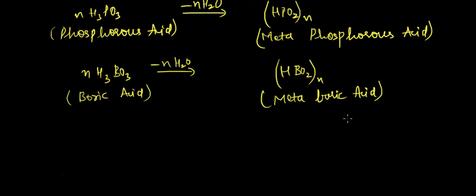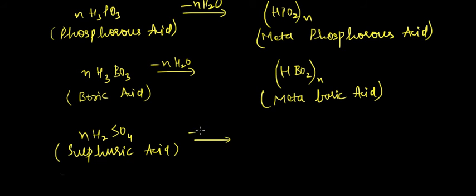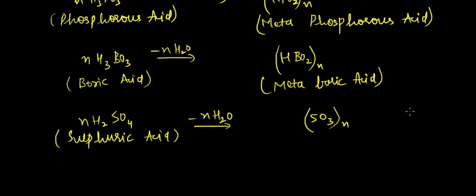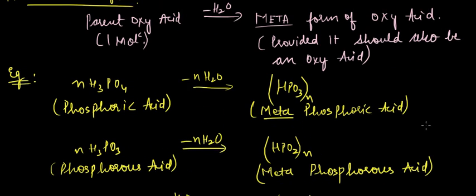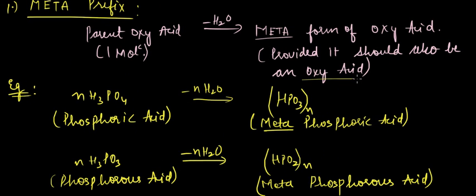Next, let us see what happens when we have n molecules of H2SO4, which is nothing but sulfuric acid, and we remove nH2O from the same, so we get (SO3)n. But this is not a meta form. Why? Because for the meta form to exist, the corresponding meta form should also be an oxy acid.